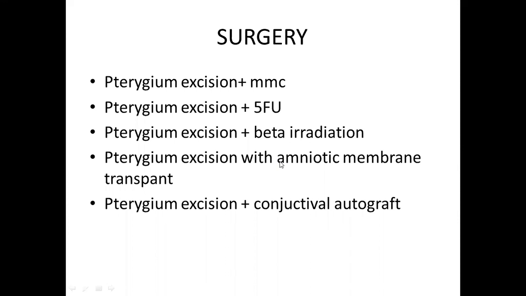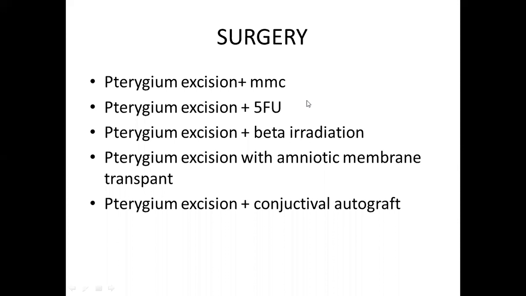There are some commercially produced amniotic membranes that you can use. From the part you removed your pterygium from, you cut the amniotic membrane and plaster it, suturing it there, either with suture or even using glue, what we call T-cell glue, and that's it.